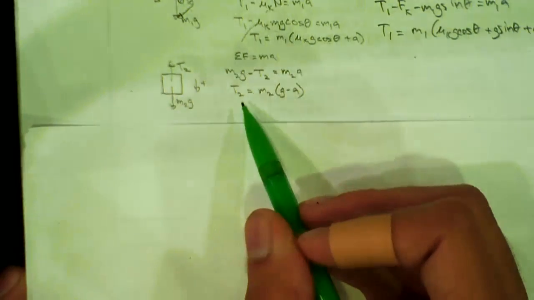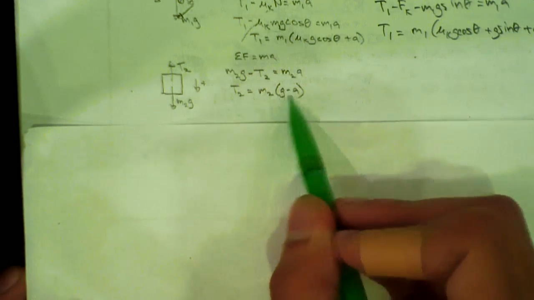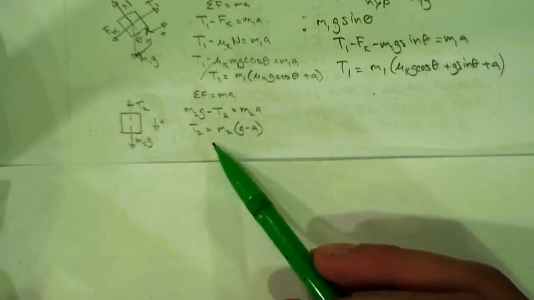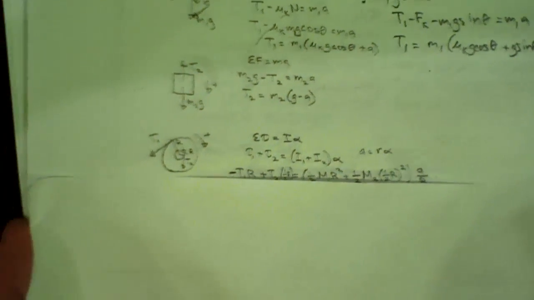Okay? Then we solve for t2, and we get this equation. So we have an equation for t1, and we have an equation for t2. Okay? So now, the fun stuff, we deal with torque. So we draw the pulley, and we try to analyze the different torques that are acting on the system.